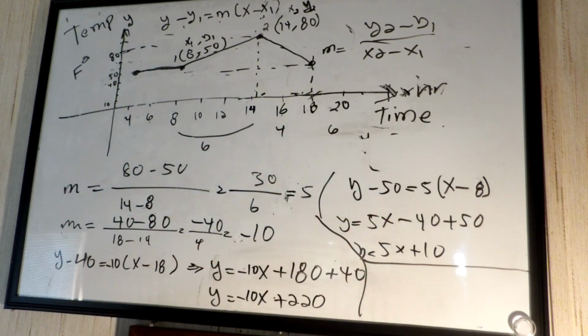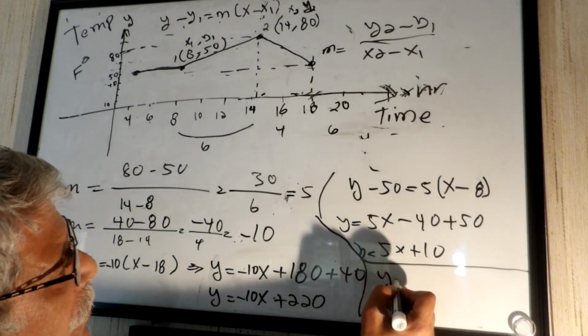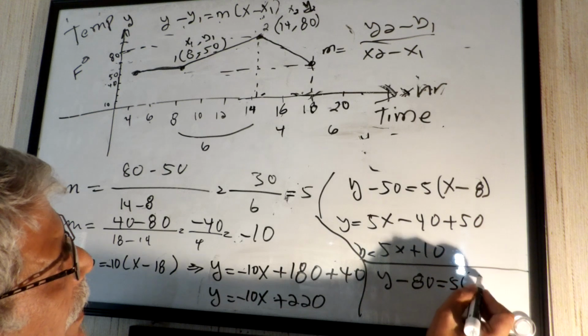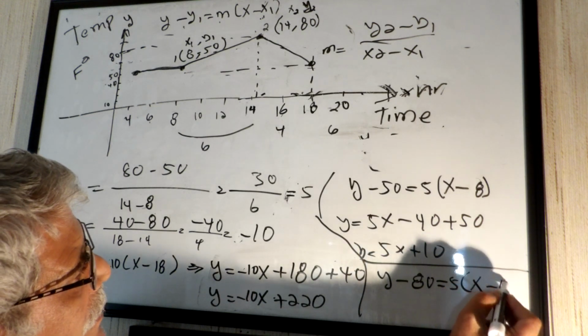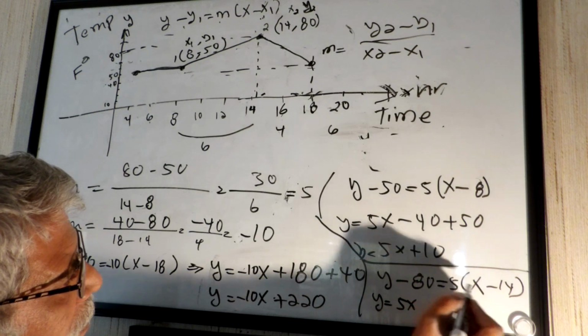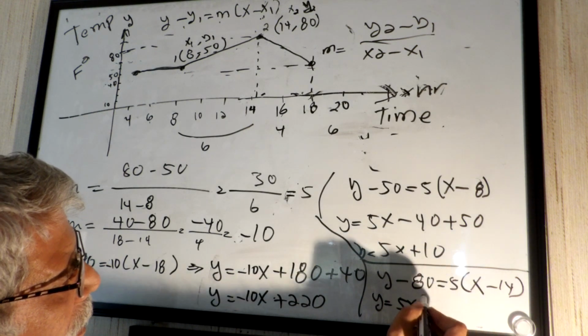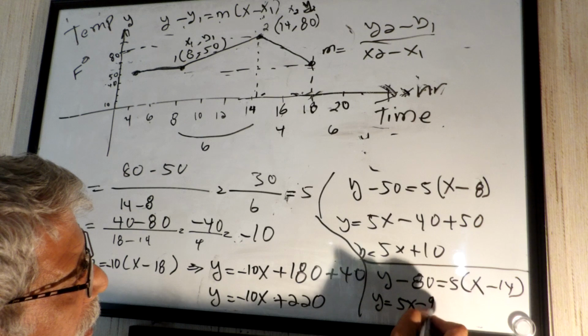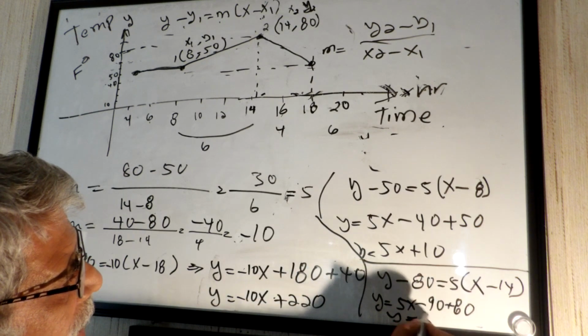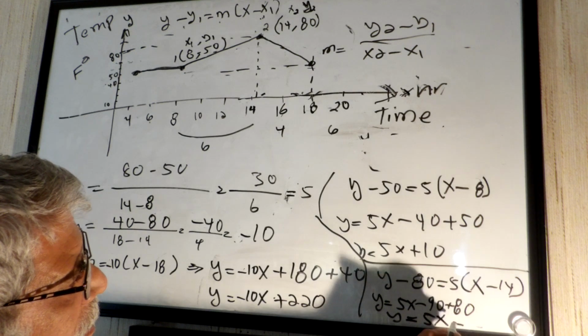We could use point 2: y minus 80 is equal to 5 times x minus 14. So y is equal to 5x minus 90 plus 80.